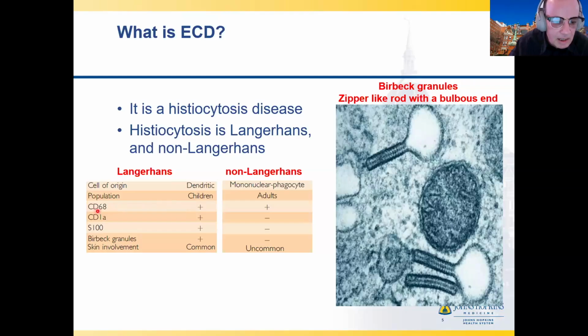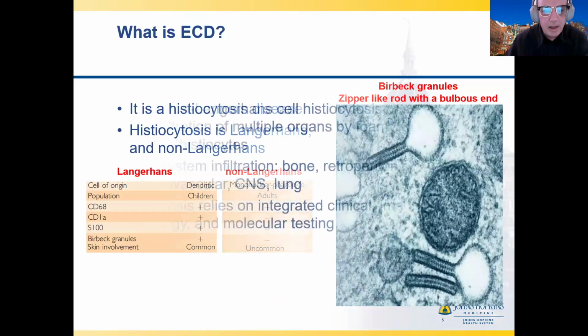So CD68 is the whisker for histiocytes, and then CD1A is present only for Langerhans cells. Again, skin involvement is common in Langerhans cells, and in non-Langerhans cells, skin involvement is uncommon. It's usually systemic disease. And that's where Erdheim-Chester comes from, non-Langerhans cells.